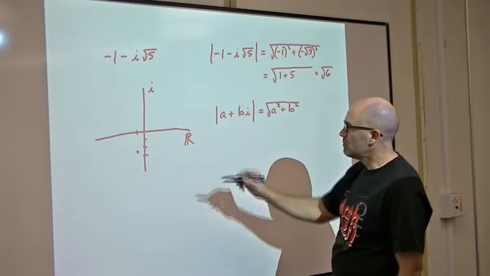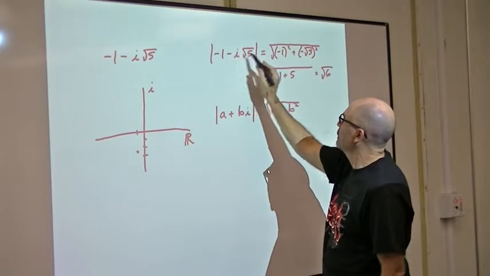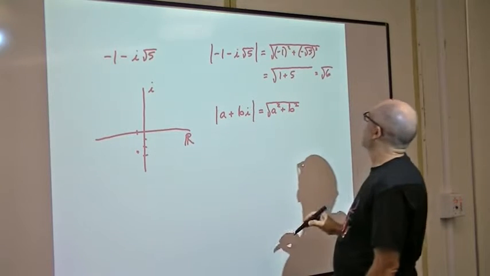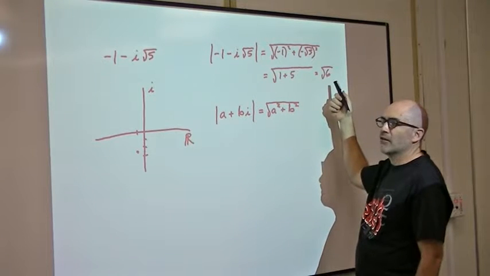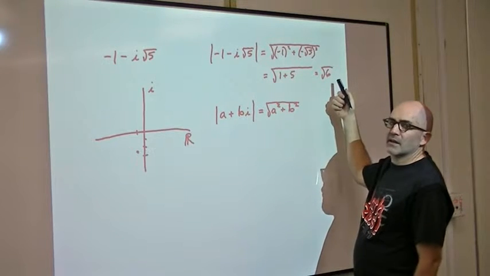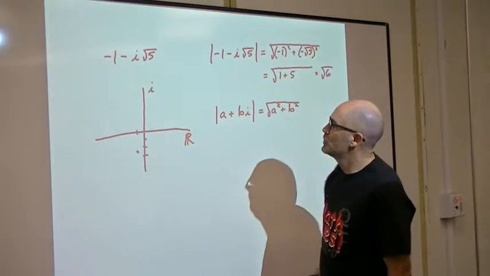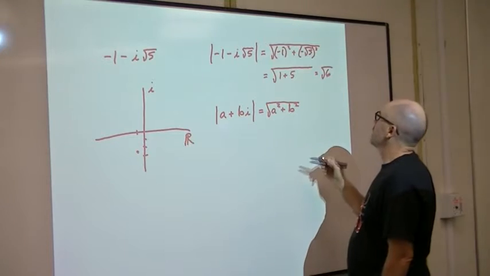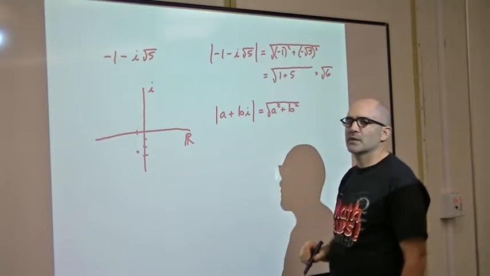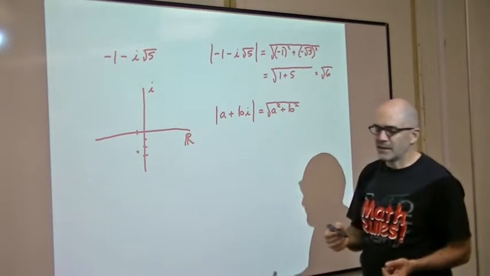So basically the absolute value of this number is just the magnitude of the radius, the distance from the origin to the point, which is square root of 6. Okay, that's easy.